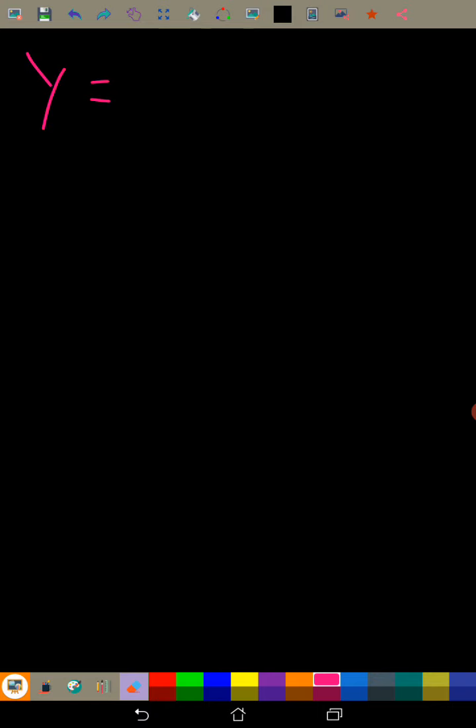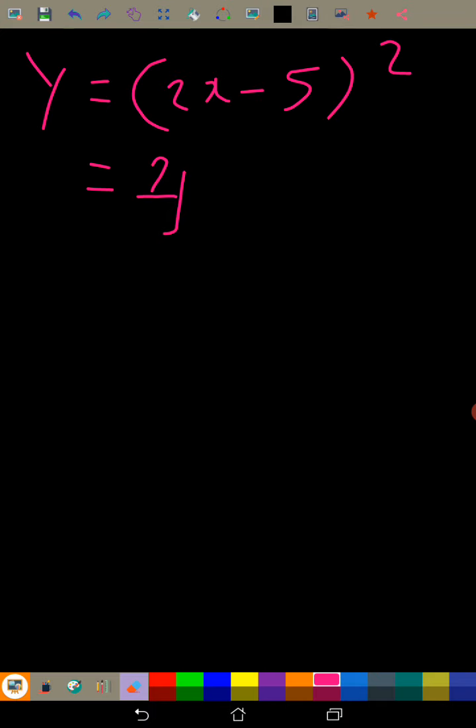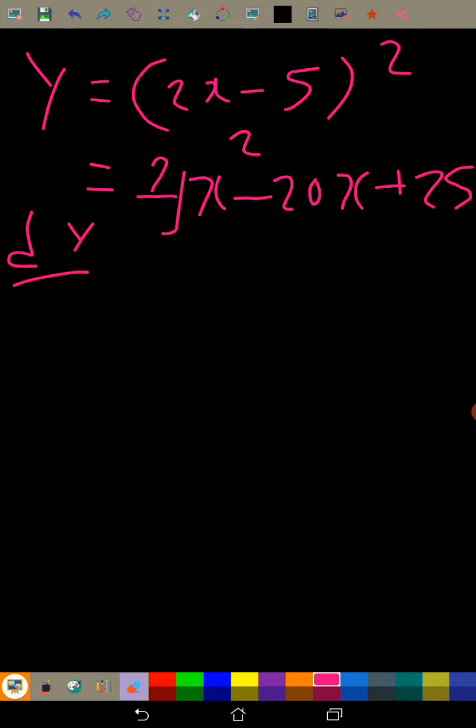So what we have to do is expand what is inside. So we have 4x squared, and then 2 times 4 is 20x, plus 25. This is how we do it when we expand the binomial.